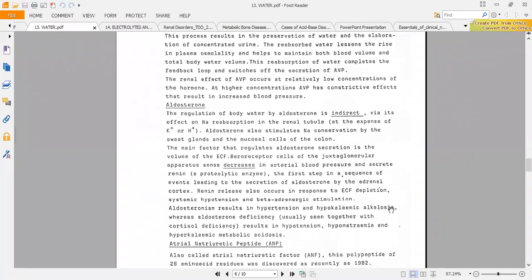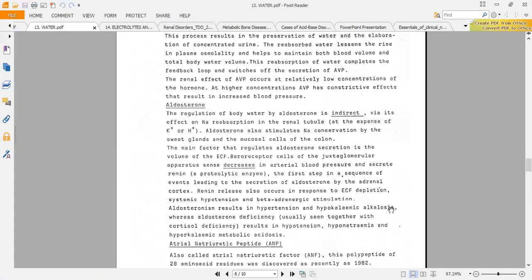There's also a condition where the patient has low levels of aldosterone, or the person cannot respond to aldosterone. In this case, the person will have low levels of sodium, and that will bring the person's pressure down. But the person will have high levels of potassium and high levels of H plus ions.